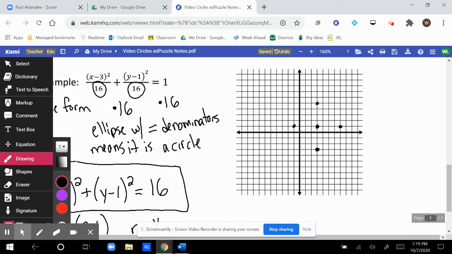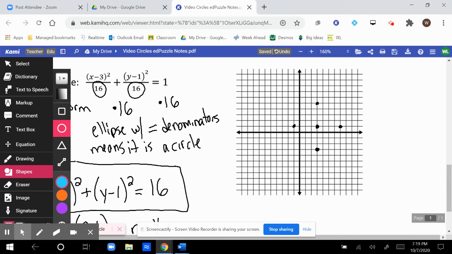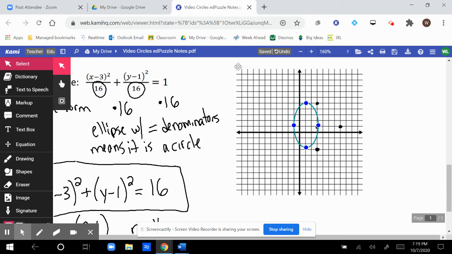All right, you can use the drawing tool on Kami. I'm going to use the shapes and go to the circle. So if you guys want to take a look at this, start at one of those 4 endpoints, and then go out to one of the other ones. Now if you click select over on the top left there on Kami, you can take the other endpoints and drag them over. All right, and now I've got my circle.